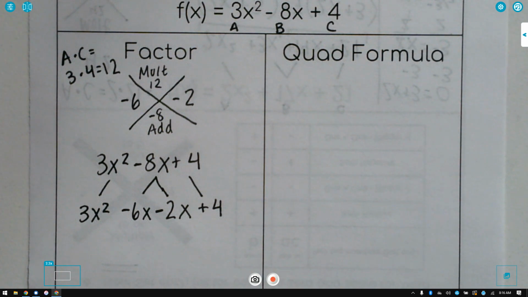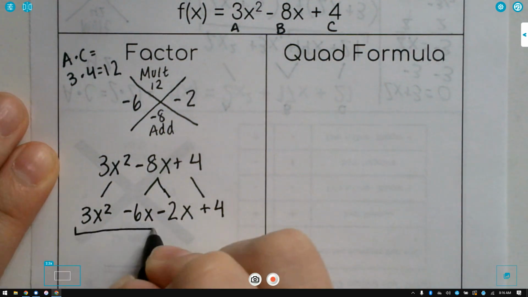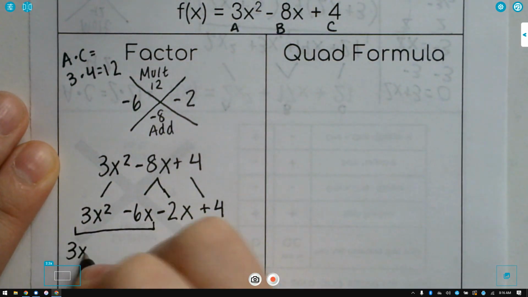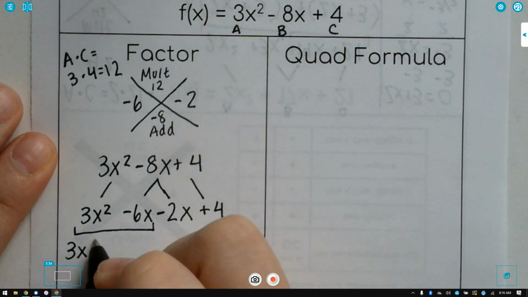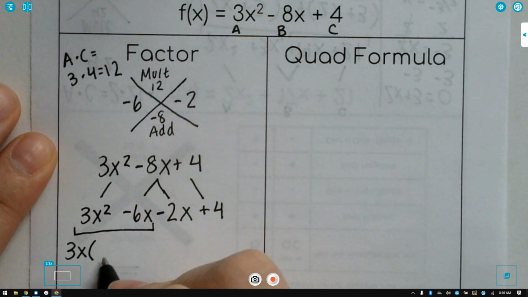Out of that 3x squared minus 6x, we can divide a 3 out and also an x. So we can divide a 3x out. 3x squared divided by 3x is just x.